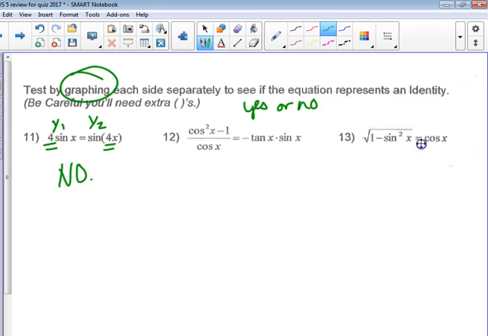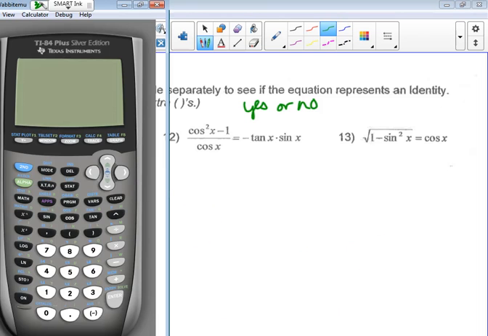But on 13, 1 minus sine squared could trade for just a cosine squared, and then it has a square root. So does it seem like it should be equal to cosine? If you graph this, 1 minus sine squared, see how I typed that all in?